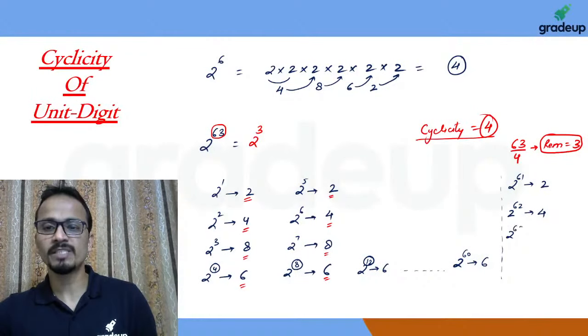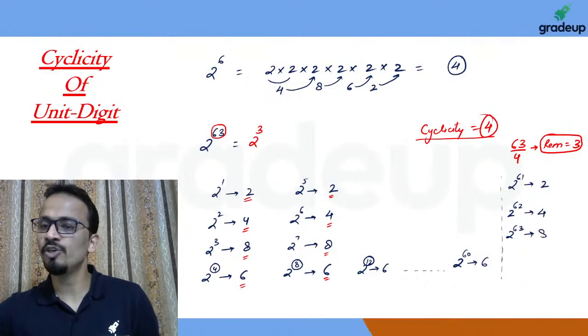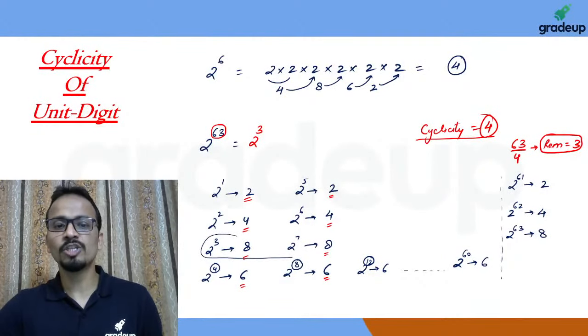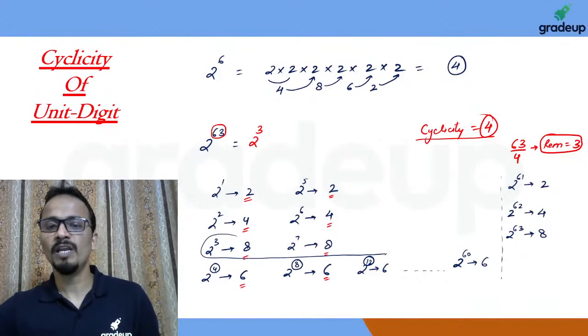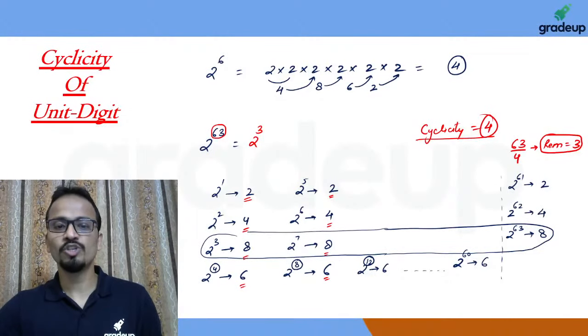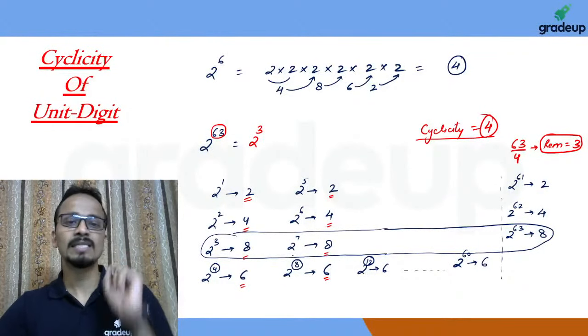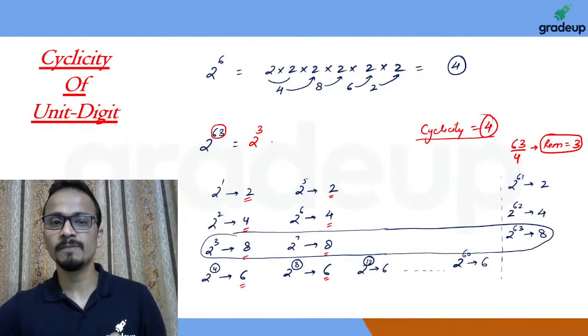And 2 raised to the power 63 will have a unit digit of 8. Okay, so I can say that 2 raised to the power 63 will lie in this row. So the unit digit of 2 raised to the power 63 will be the same as that of 2 raised to the power 3 and that is equal to 8.